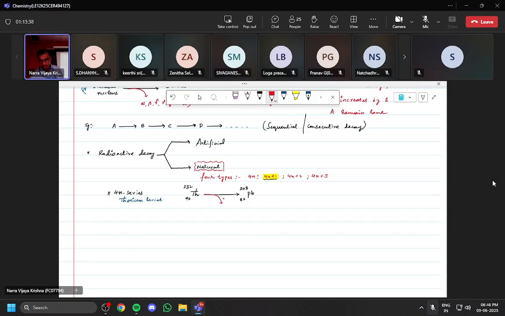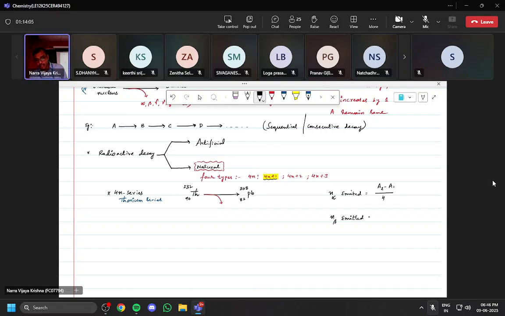So better I will write it this way. The number of alpha particles emitted is equal to (A2 minus A1) by 4, where A2 and A1 are mass numbers. Now, what about the number of beta particles emitted?